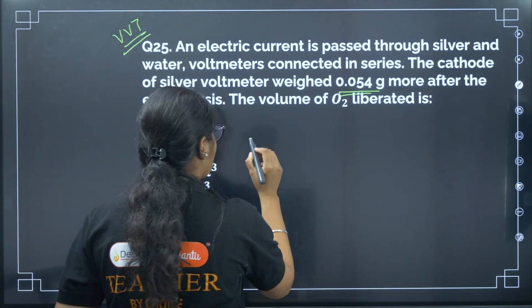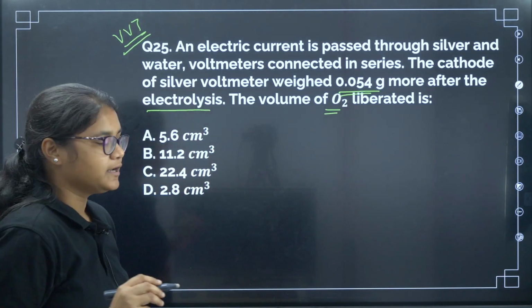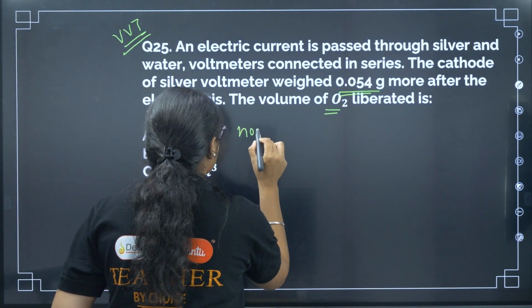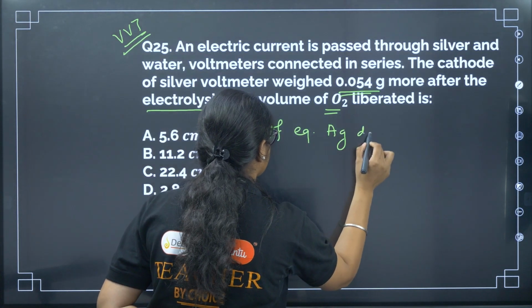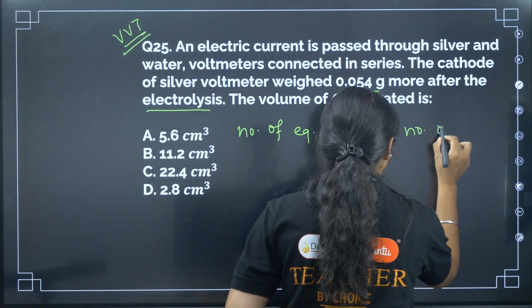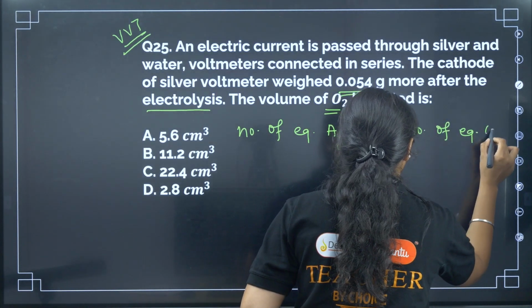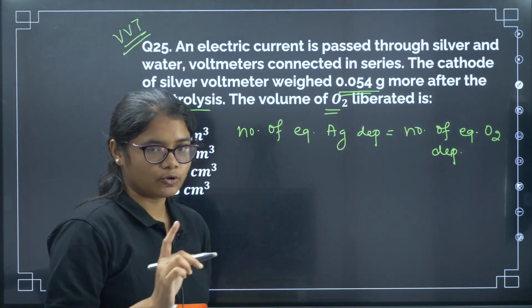On one side silver is deposited, on the other side oxygen is liberated. So I can say the number of equivalents of silver deposited is equal to the number of equivalents of O2 deposited. These both are equal.